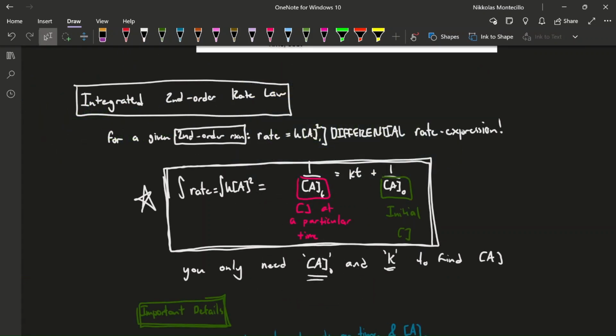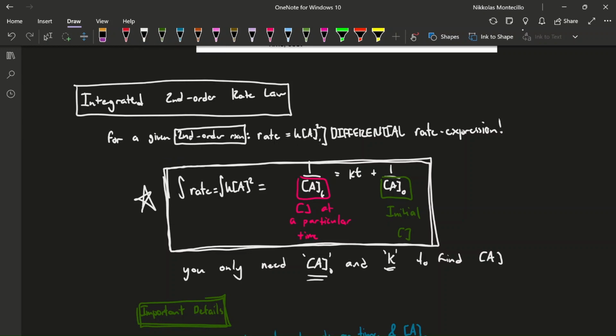Moving on, we have integrated second-order rate laws. So for a given second-order reaction where the rate is equal to K times the concentration of A, with a reaction order of 2, or to the power of 2, this is the differential rate expression here, right?